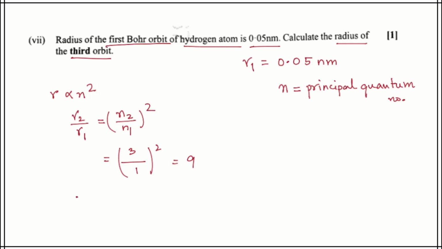Therefore R2 equals 9 times R1, which is 9 into 0.05, equal to 0.45 nanometer, or we can write 4.5 into 10 to the power minus 10 meter.